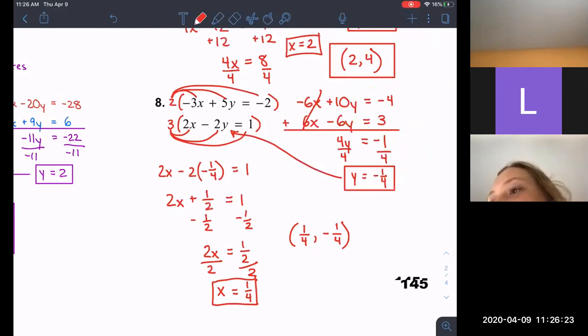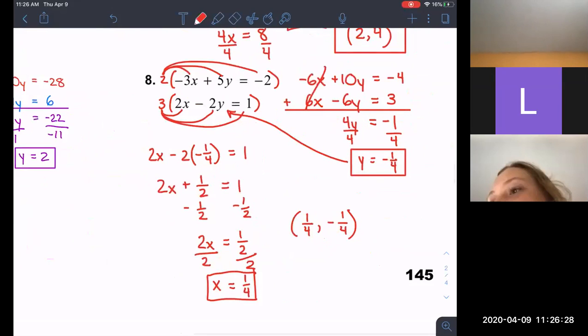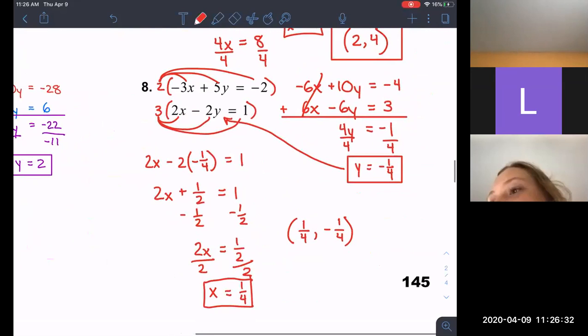All right, and we can check and make sure that answer is right. So what I'm going to do is plug it into the top equation in my calculator, and then I'll show you my calculator in just a second.